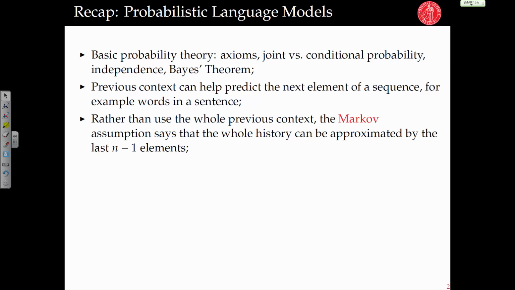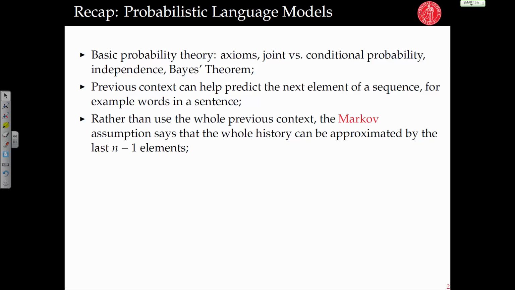They make sense, but still we will not be able to account for all possible sequences or sentences in language. So we relied on this Markov assumption, which in general terms means that we can predict the future state of some system based on the recent history. We don't need to look at the full history.